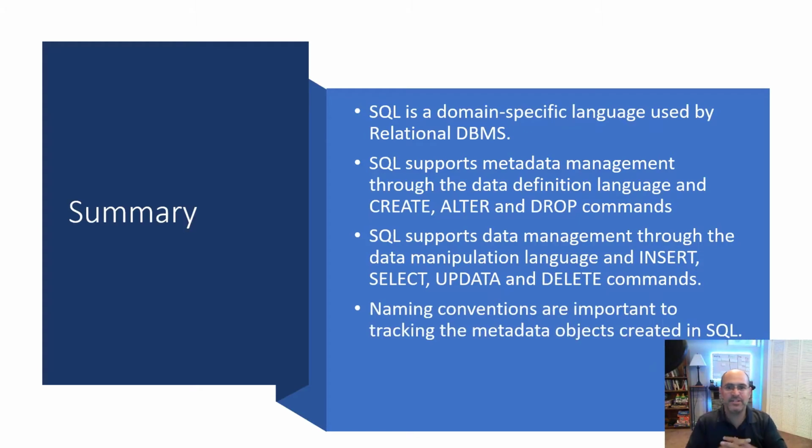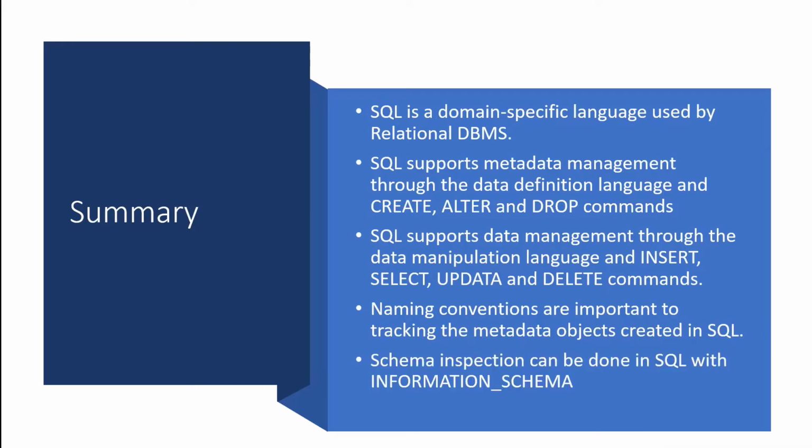And naming conventions are very important so that we know where these objects are, and they need to be somehow globally unique. And then finally, we use information schema inspection to figure out with a select statement what our table names are, what our column names are, and what our constraints are.